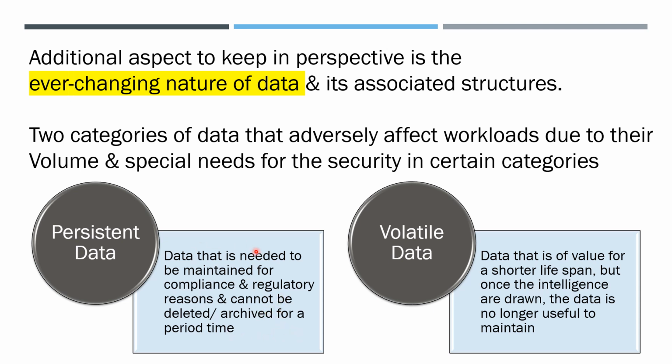It cannot be deleted for a certain time. It has to be maintained. And for volatile data, the data is of value for a shorter lifespan. But once the intelligence is drawn, the data is no longer useful to maintain. It has a very short lifespan only. So these are two categories of data that will affect the workloads due to their volume and special needs.